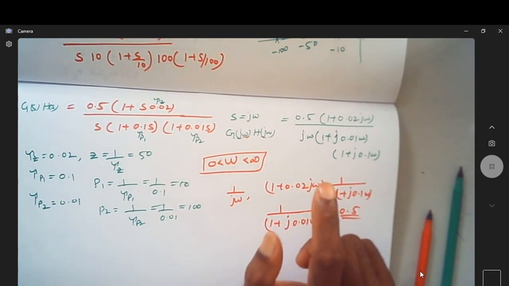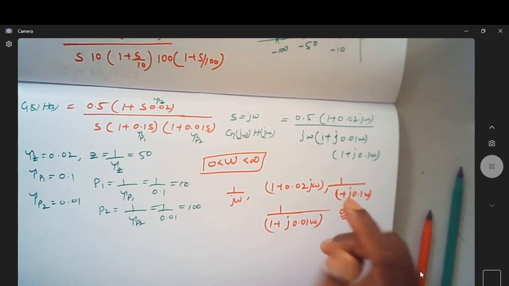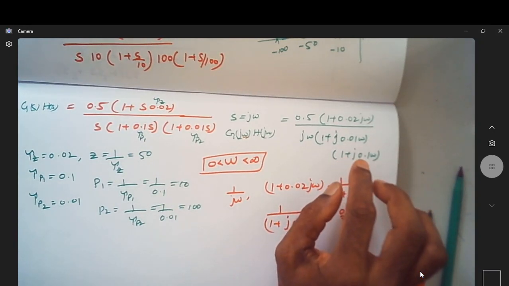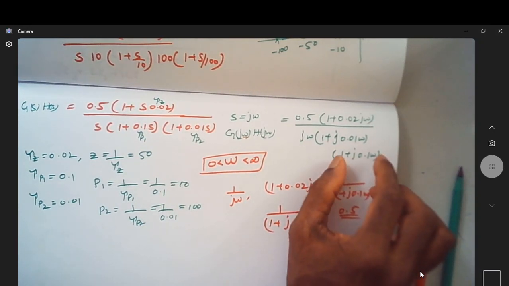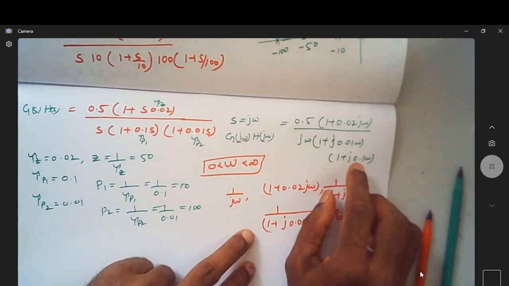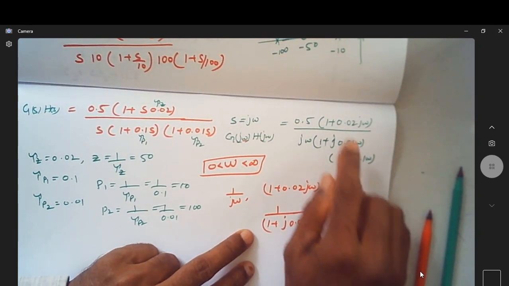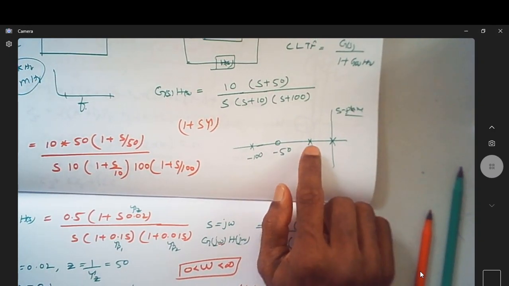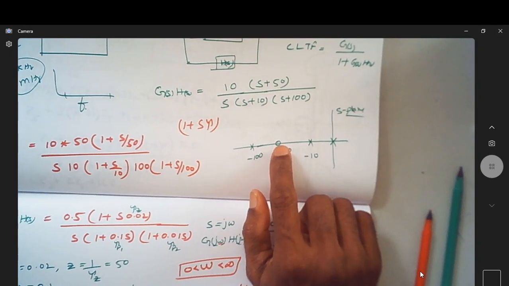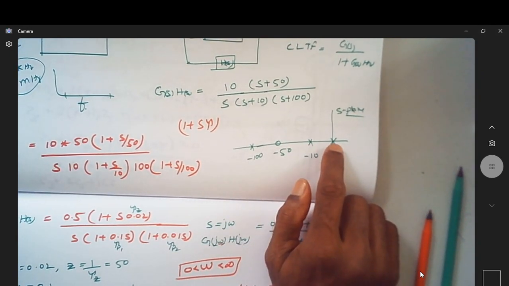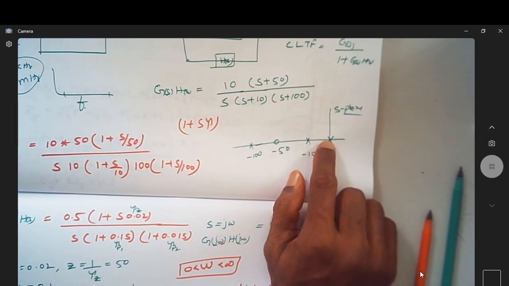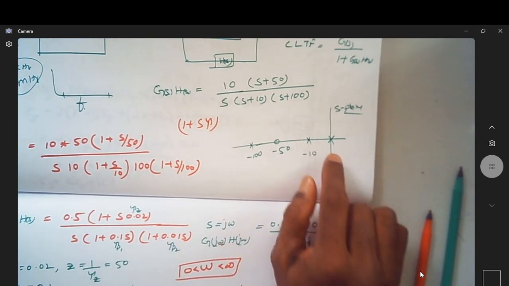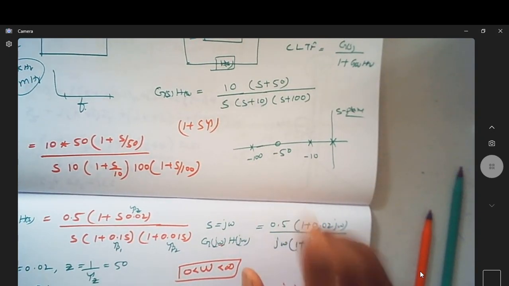So let us now start understanding the frequency response of individual terms. That is, if there is a finite zero, how does the frequency response look like? If there is a finite pole, and if there is a pole at the origin, or a zero at the origin, how does the frequency plot look like?